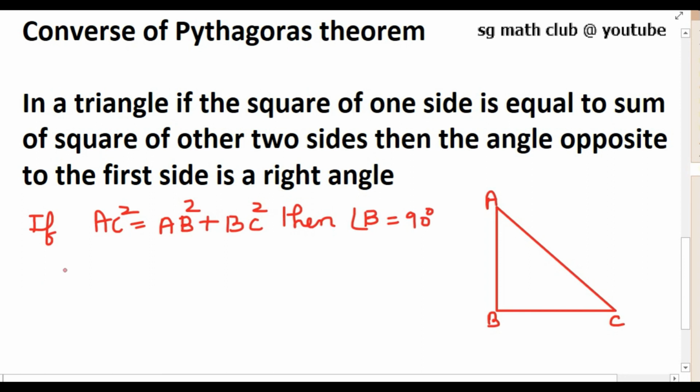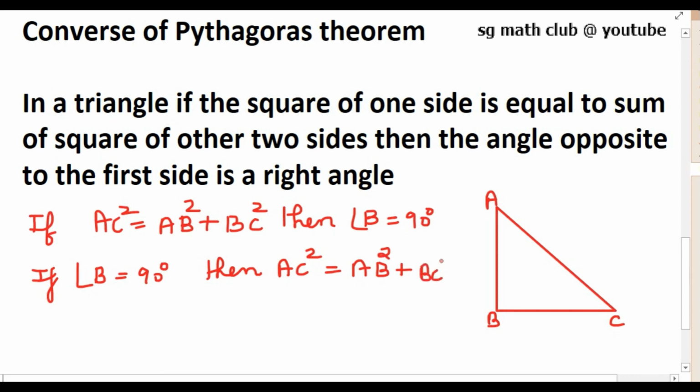This is converse of Pythagoras theorem. And Pythagoras theorem means if angle B is 90 degree, then the side opposite to 90 degree we usually call as hypotenuse. Hypotenuse square is equal to sum of square of other two sides. So this is Pythagoras theorem.